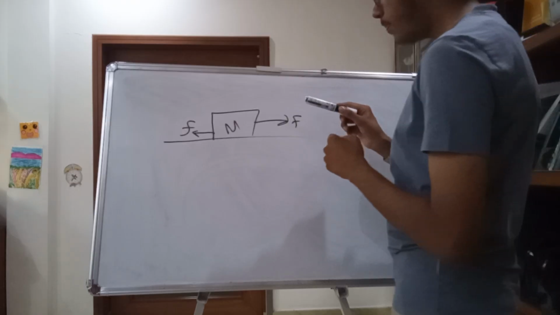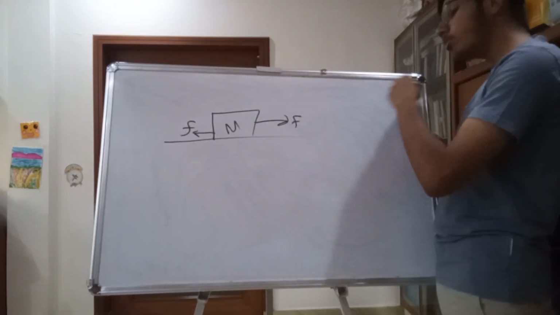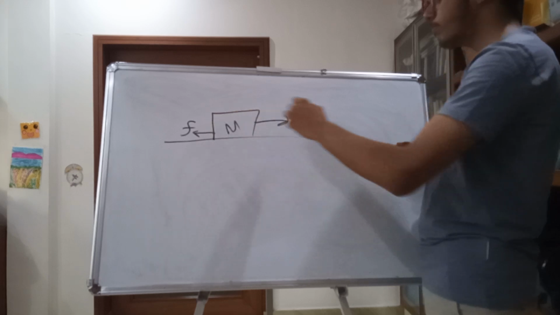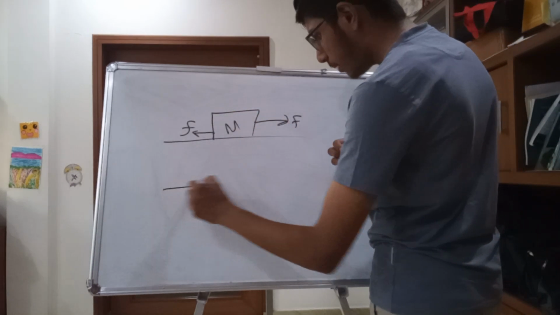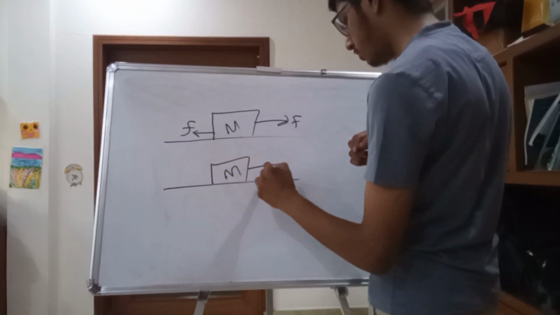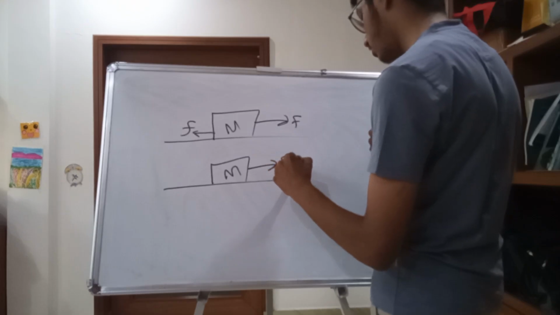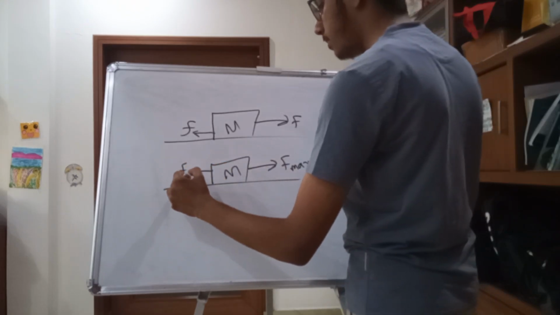But this will happen only up to a certain limit. If you apply more force, at some point the body of mass m will start moving. The instant up to which the block stays at rest, we call F max, and this is called FL, the limiting friction.